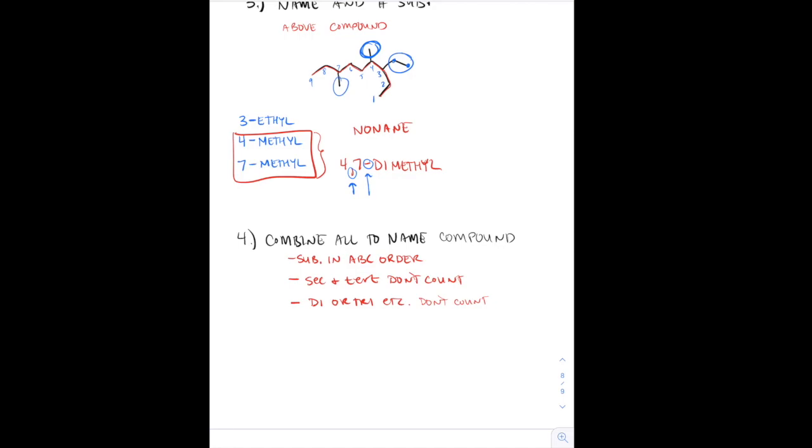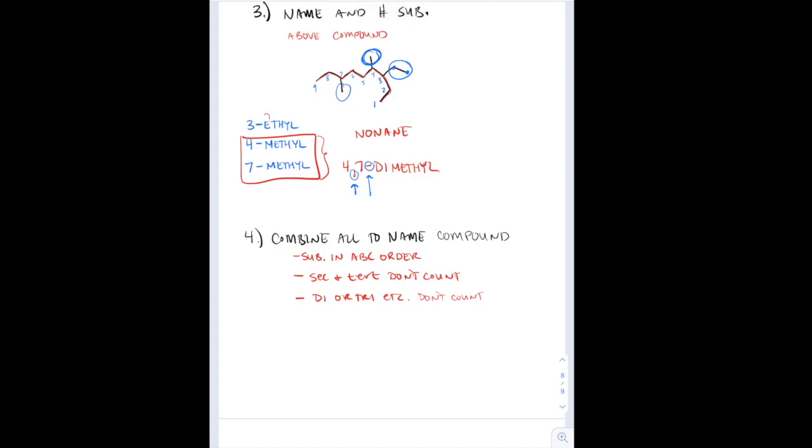So technically the 4,7-dimethyl would be under M. Okay, and so what that means is in order to name the above compound, we have 3-ethyl, we also have a 4-methyl and a 7-methyl. Okay, and so E comes before M. This is a perfect example because we were pointing out that D is not used to classify or categorize for alphabetical order.